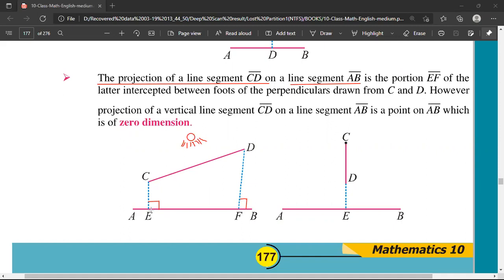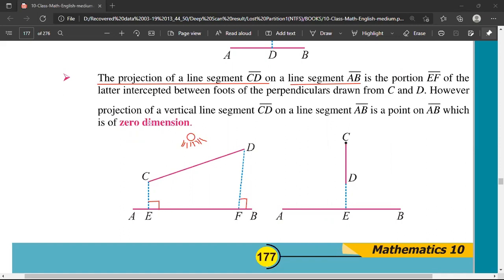So once these 2 points are joined together, the E to F length will be called the projection of CD line segment on line segment AB.